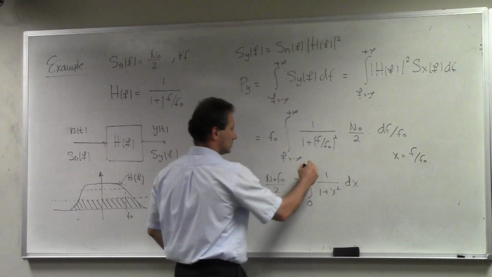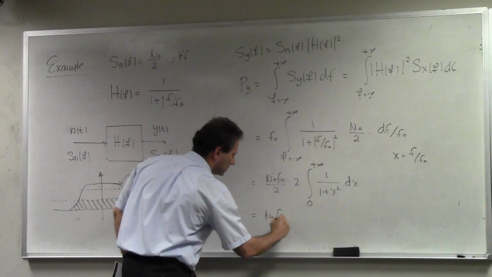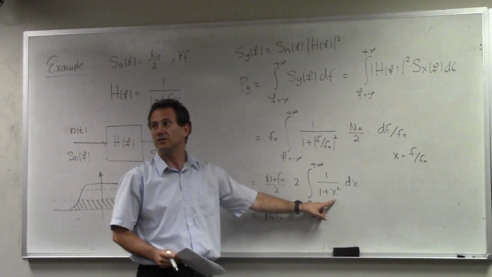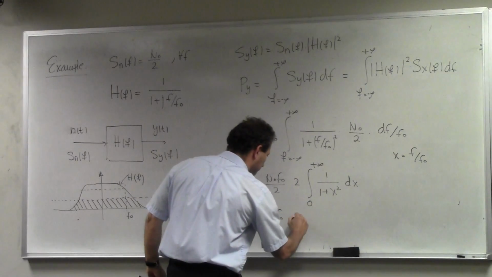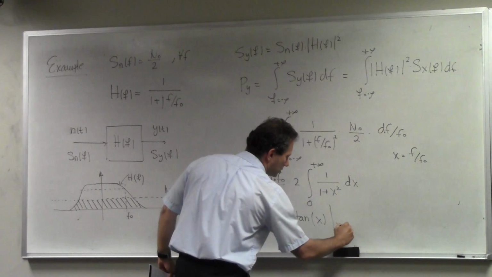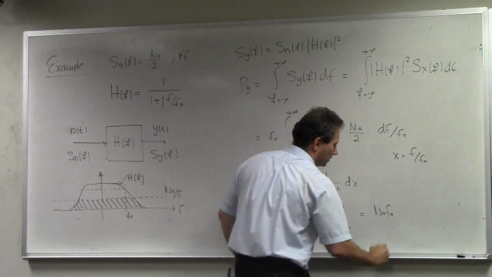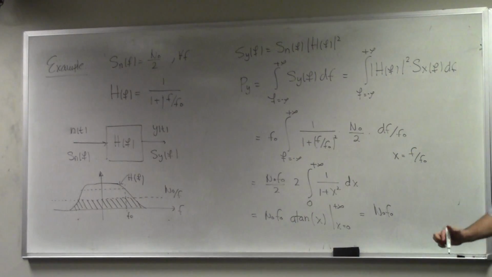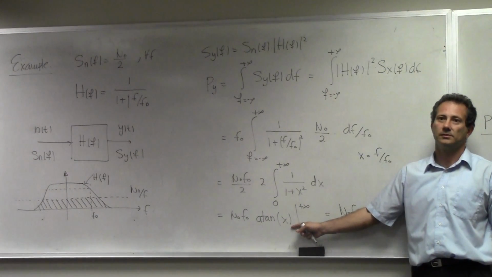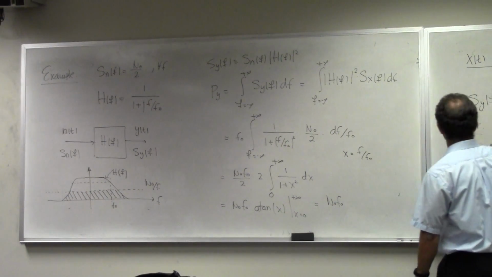Plus infinity as well, right? So this is this. Now, I see that N0, f0. Now, what is this integral? Tangent inverse, right? So this is arctangent of x, where x goes from 0 to plus infinity. So this is N0, f0. And when you substitute plus infinity, what's the arctangent of plus infinity? Pi over 2. Right? How does the arctangent look like?